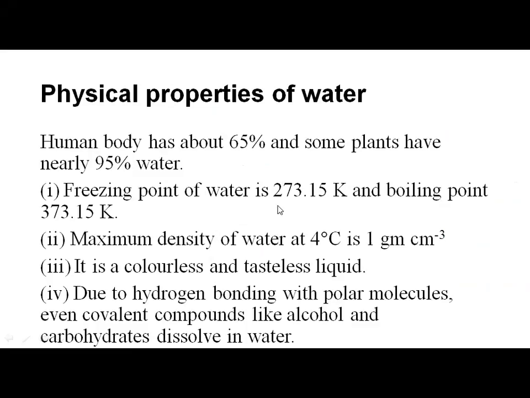Before going to physical properties of water, we have one more water. H2O is our normal water. We have one more water called heavy water. What do we mean by heavy water? Chemically, heavy water is called deuterium oxide.